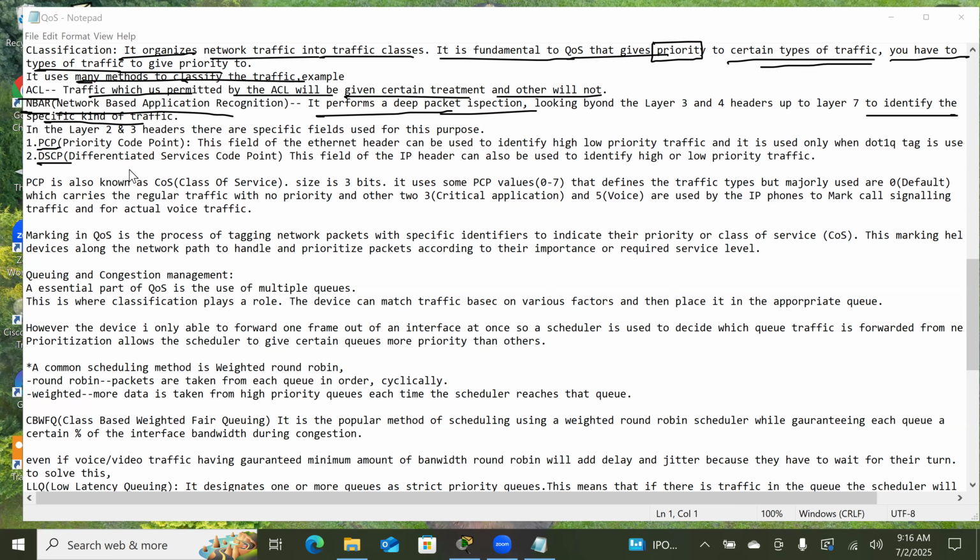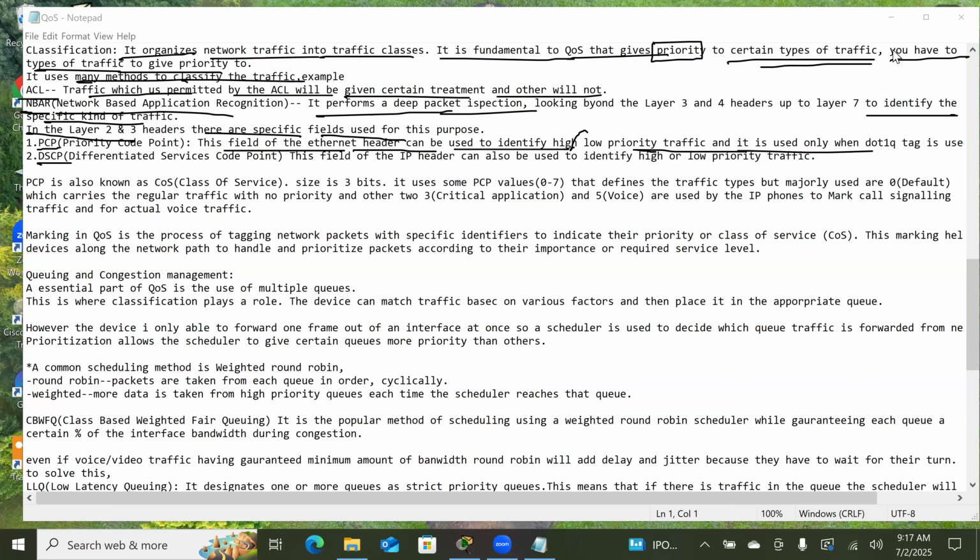What is PCP? You can find it in layer 2. In the layer 2 and layer 3 headers, there are specific fields which are used for this classification purpose. One is PCP, priority code point. This field of the Ethernet header can be used to identify high or low priority traffic, and it is used only when the .1q tag is used. In which layer is it used?